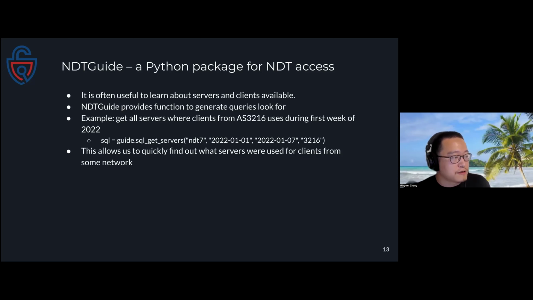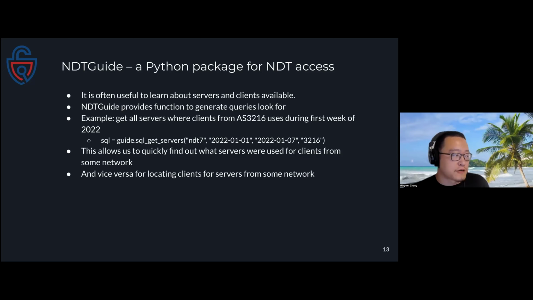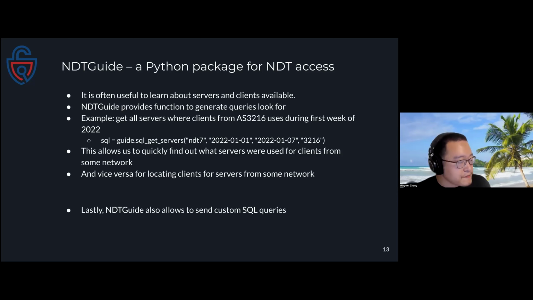It allows us to quickly find out which servers are used for clients in some network. And it also works vice versa, where you can get all the clients that are doing any of the research for a particular server as well.